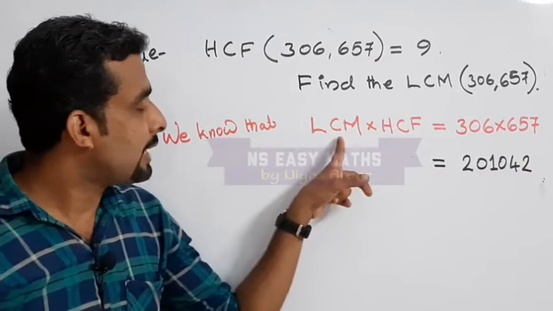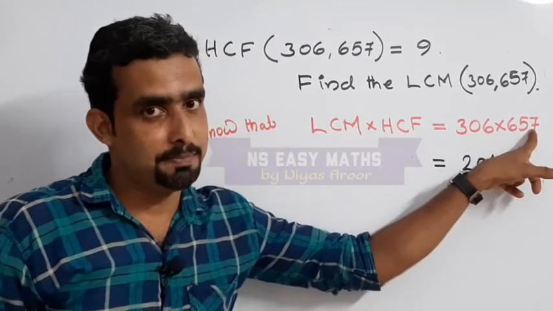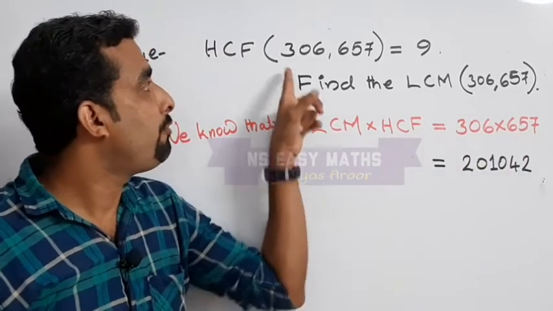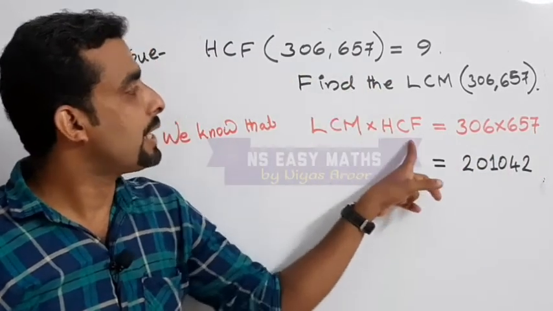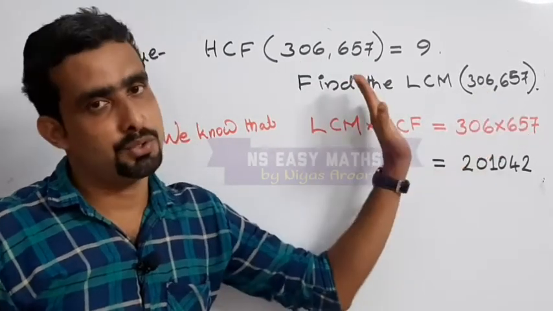We know that LCM into HCF is equal to the product of the given numbers. LCM of these two into HCF of these two is equal to the product of these two.